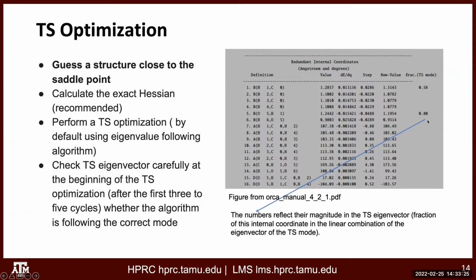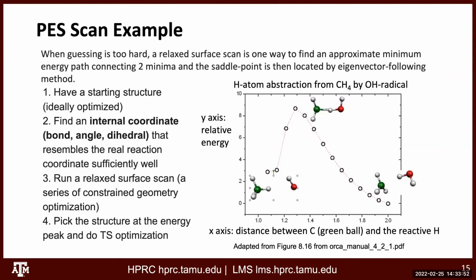If the internal coordinate that has a larger number here is not the reaction that you are looking for, then you might want to just stop the geometry optimization, because it's not going in the right direction, and go back to guess a new structure as input.